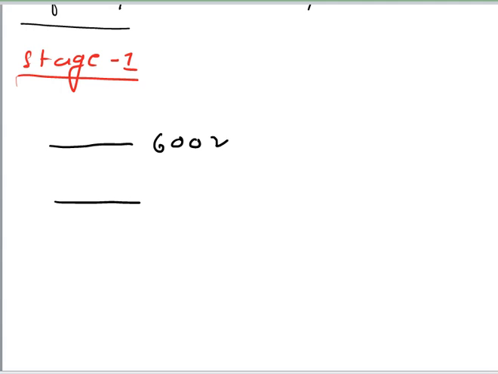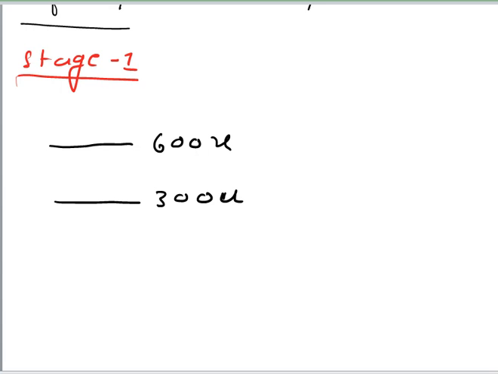Stage 1. What we do in stage 1 is compute the unit weight for a standard sand. And what is the standard sand sample? Let two sieves be placed, this is 600 micron and this is 300 micron.